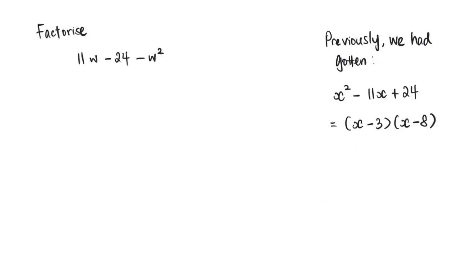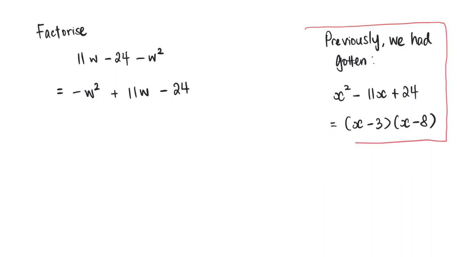Hello everyone, welcome to this video where we are required to factorize 11w minus 24 minus w squared. And if I were to rearrange it by placing my negative w squared in front, positive 11w followed by negative 24, I start to see some similarities with what we had gotten previously at the right hand side of the screen in the previous part of the question.